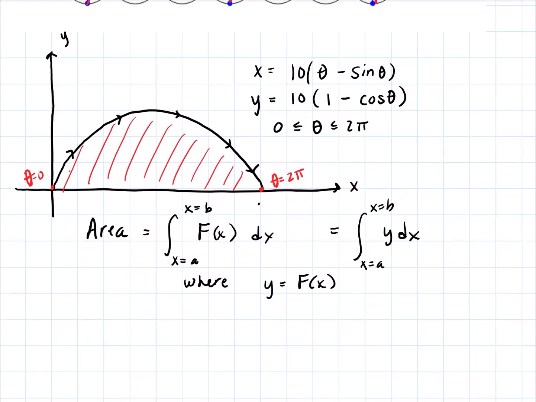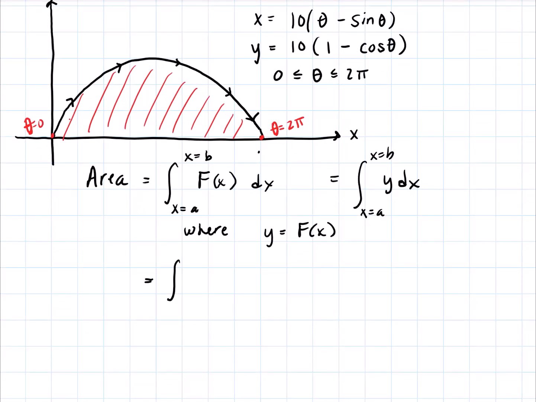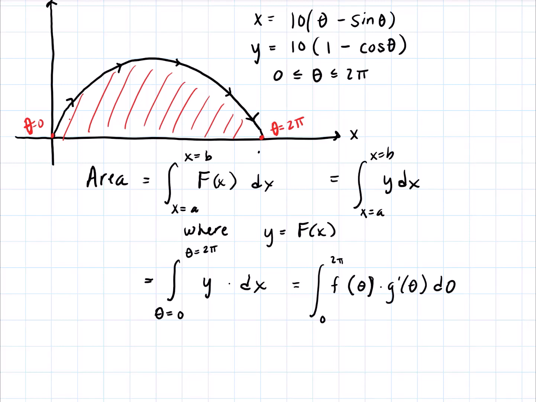So we can make those extensions and say that would be exactly the same as, instead of x equals a to x equals b, let's do the substitution. This is going to be from theta equals 0 to theta equals 2 pi of y dx in terms of the parameter, or the integral from 0 to 2 pi of f prime of theta, g of theta, d theta.